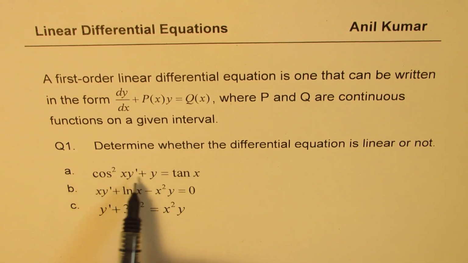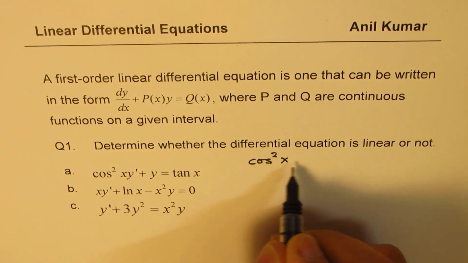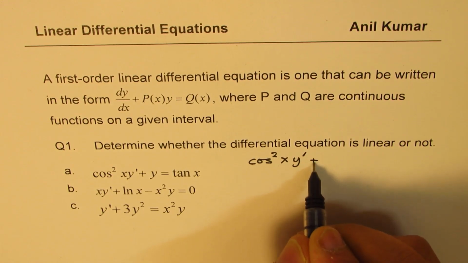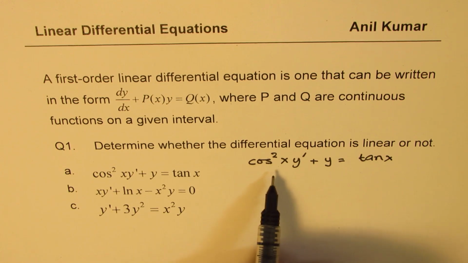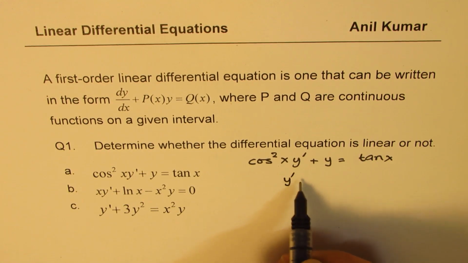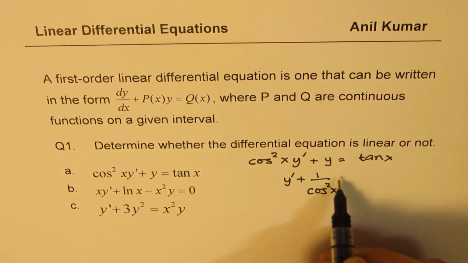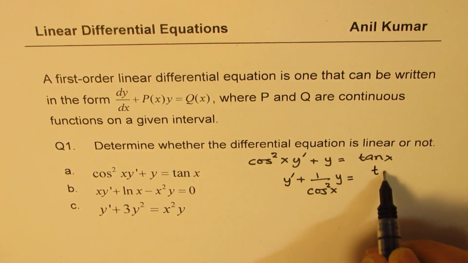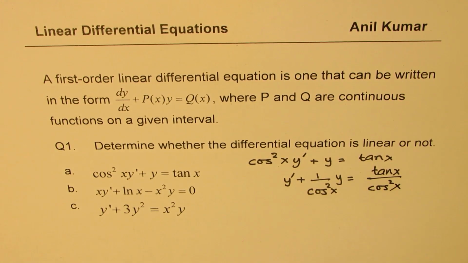Perfect. So if you look into the very first one, which is given to you as cos square x y dash plus y equals tan x, I could actually isolate y dash by dividing by cos square x, right? So if I divide, I get y dash plus 1 over cos square x times y equals tan x over cos square x, correct?